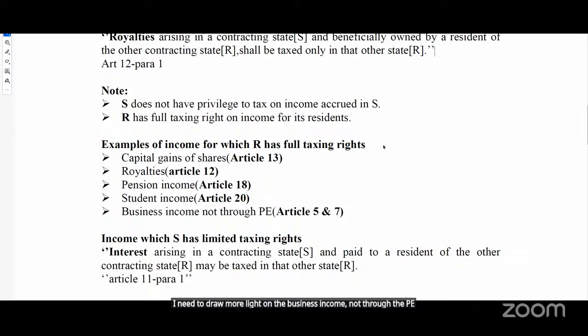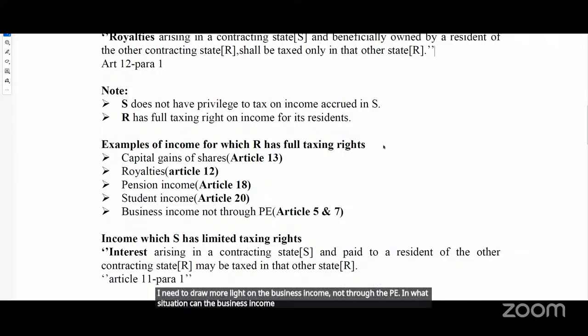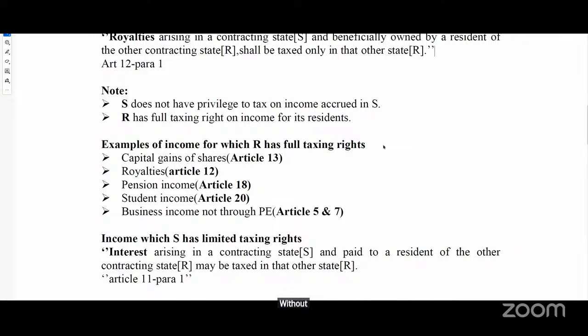In what situation can the business income be derived by a non-resident person without going through the PE? Okay. Now, assuming I have a partnership in another country, not every country taxes partnerships as a fiscally transparent entity, right?